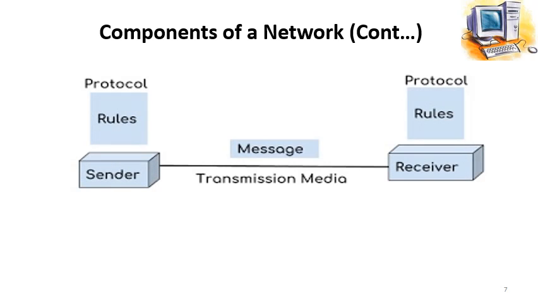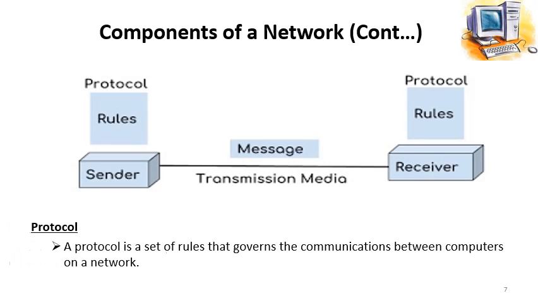Okay, the fifth essential component of a communication network is the protocol. Protocol is not a physical component of a network or of a communication system, but it's a set of rules and methods which must be followed by the sending and the receiving devices to successfully communicate with each other.